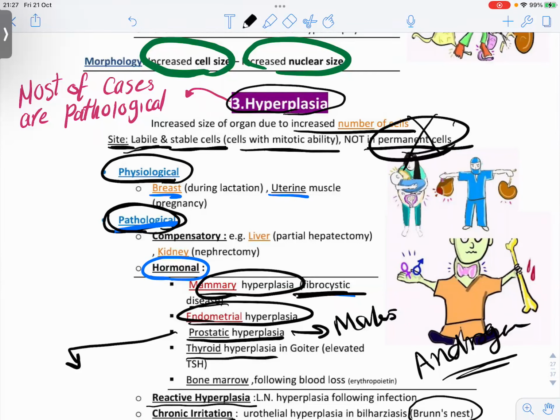Permanent cells undergo hypertrophy. So hyperplasia can be physiological or pathological, but mostly pathological.